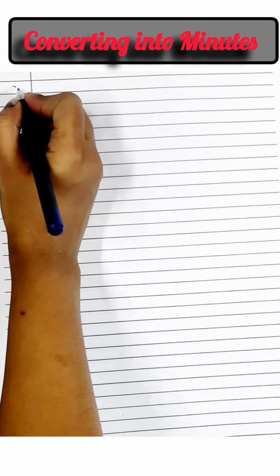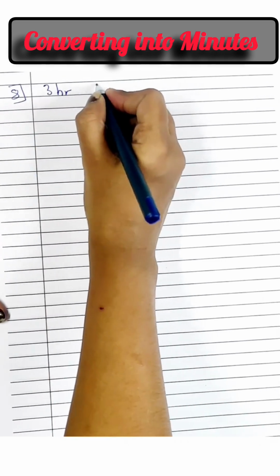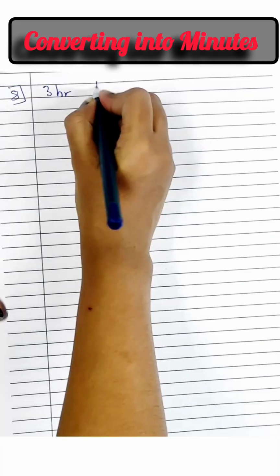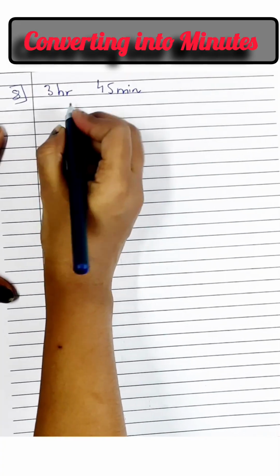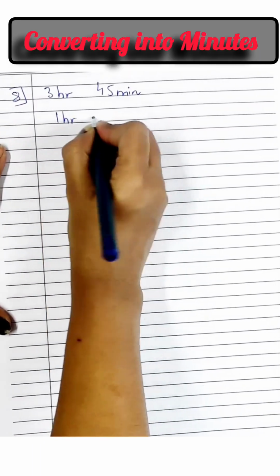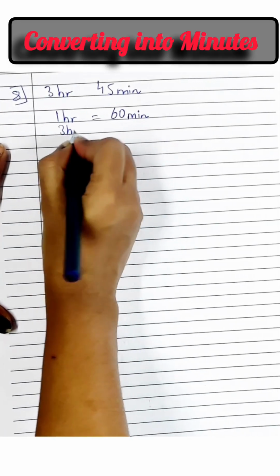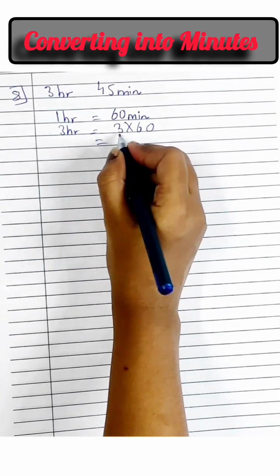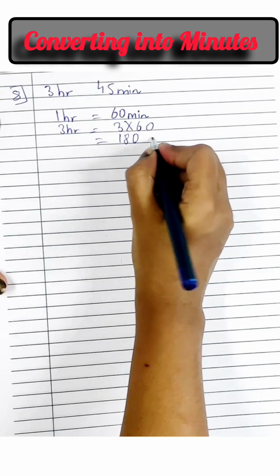Let us do one last sum. 3 hours 45 minutes. First convert your hours into minutes. 1 hour is equal to 60 minutes. So 3 hours is equal to 3 multiplied by 60. That is 3 sixes are 18 and the 0 as it is.